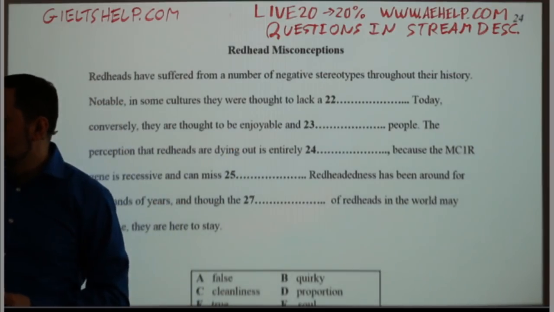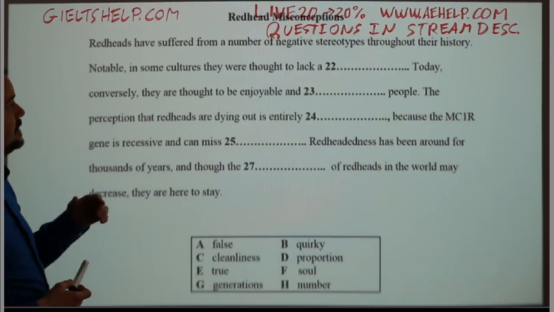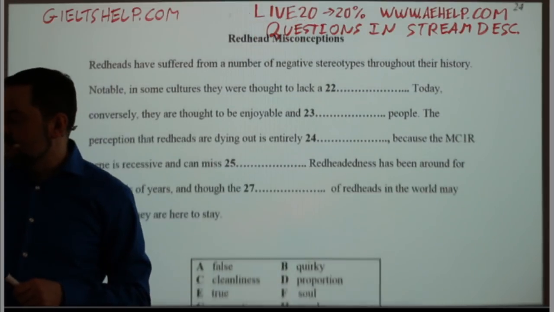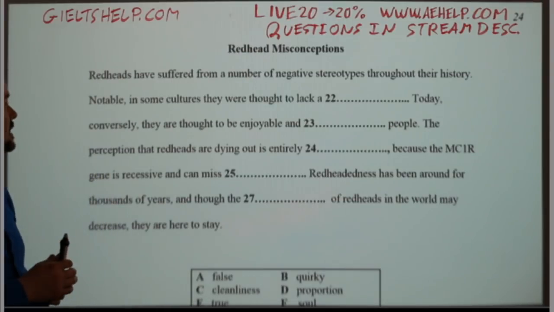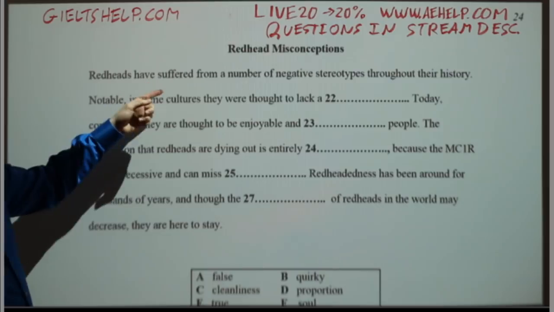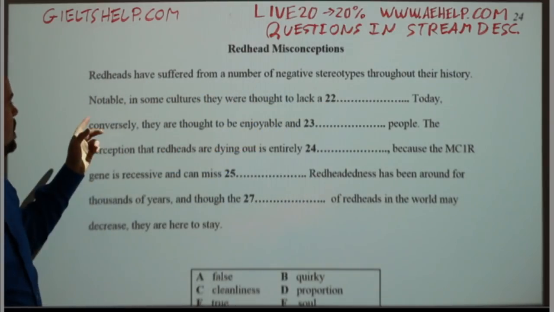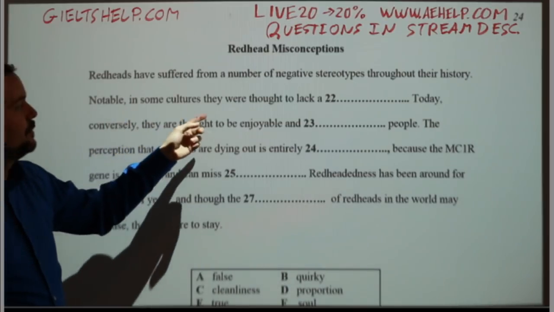Awesome. So we want to read this summary. And again, this is going to be paraphrased from the passage. It's not going to be the exact same words. It's going to be a paraphrase. So redheads have suffered from a number of negative stereotypes throughout history. Notably, in some cultures, they were thought to lack something.